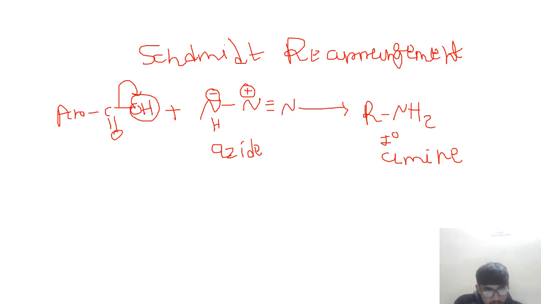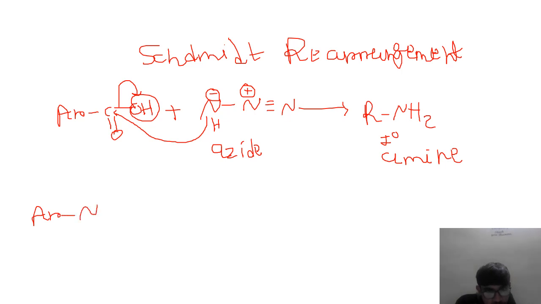So this bond electron is going to be taken up by this OH, and this OH will be removed in the form of OH minus, and this N3 minus will attack here, and it will form a compound like this.